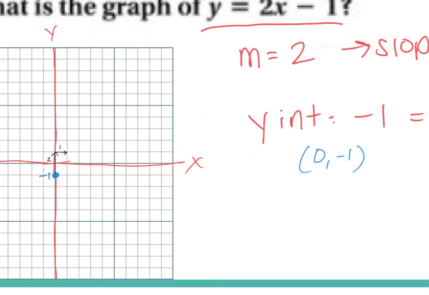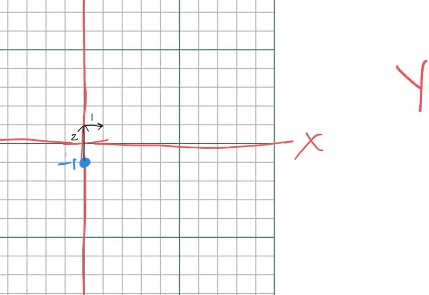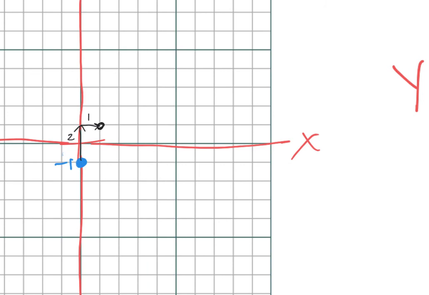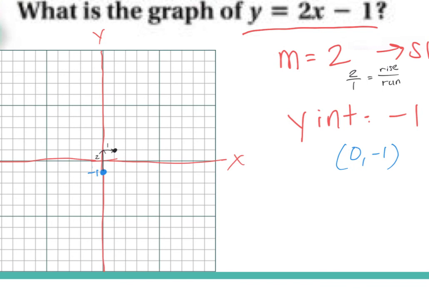Because your slope is technically 2 over 1, which is your rise over your run. So we rose 2, we went to the right 1, so this is our next point. Let's do it one more time. Up 2 over 1. So our line should look like this.